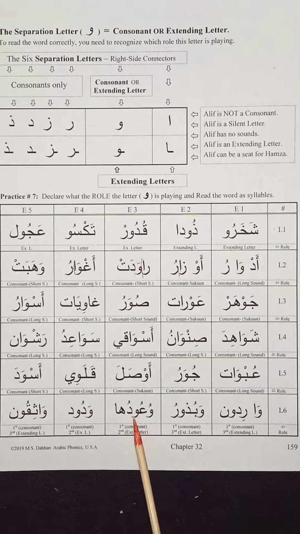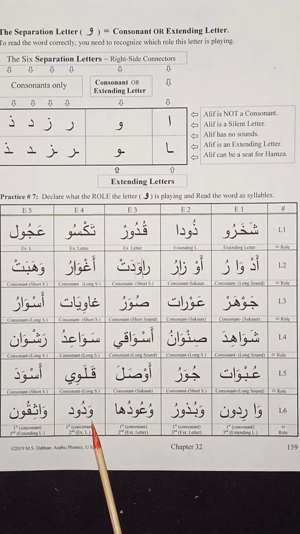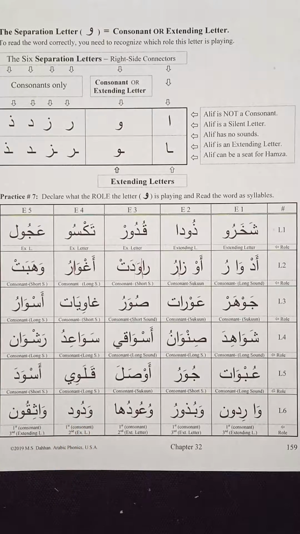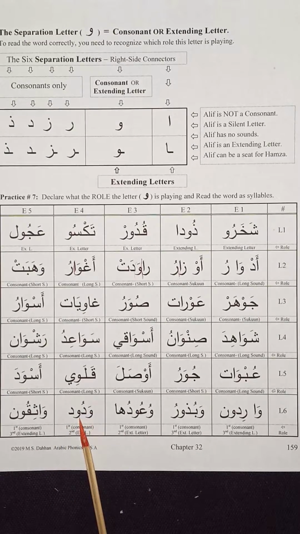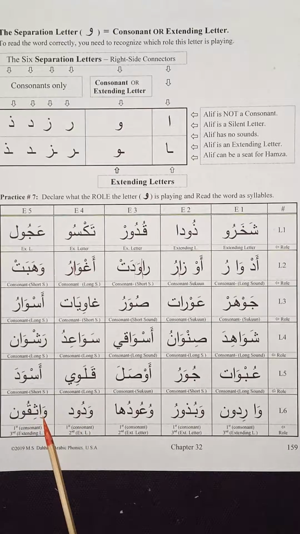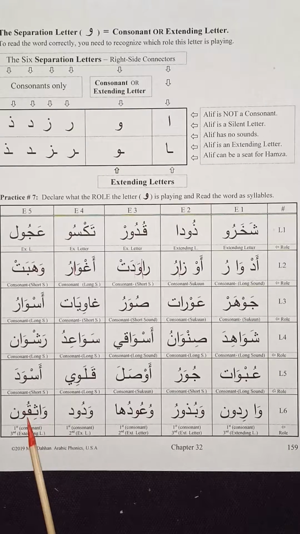It's a consonant here and an extending letter here. Wa, dud. It's a consonant here, extending letter here. Wa, thi, qun. It's a consonant letter here, wa, and here it's an extending letter.